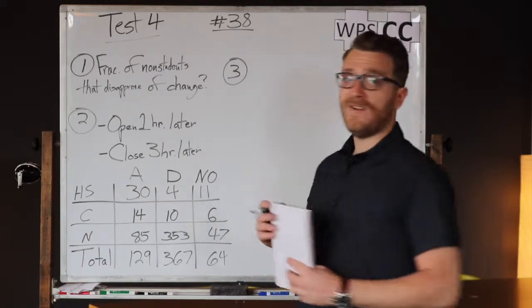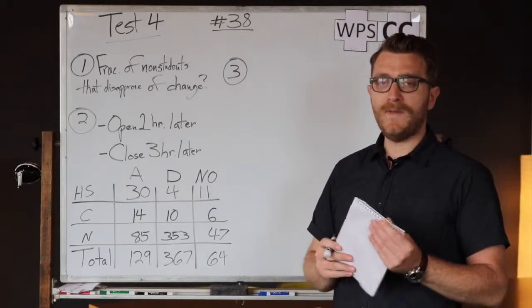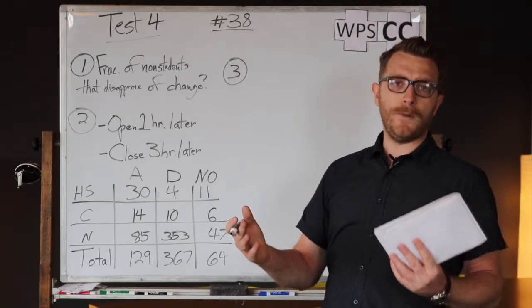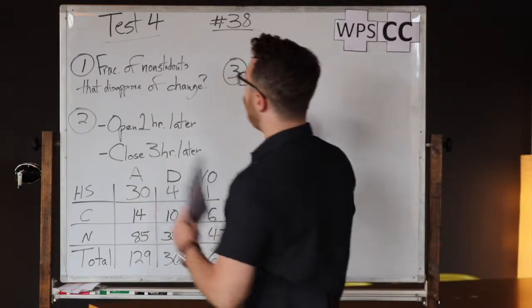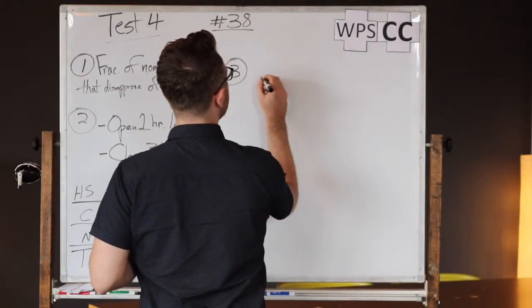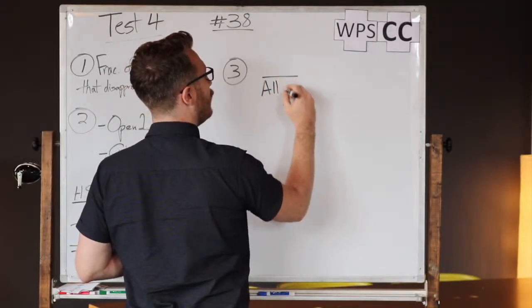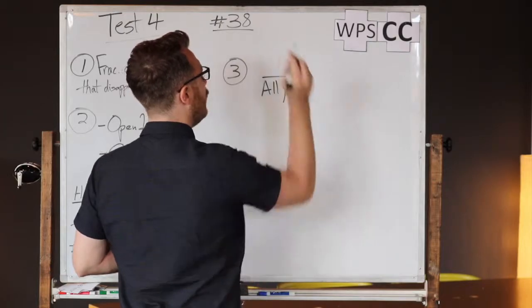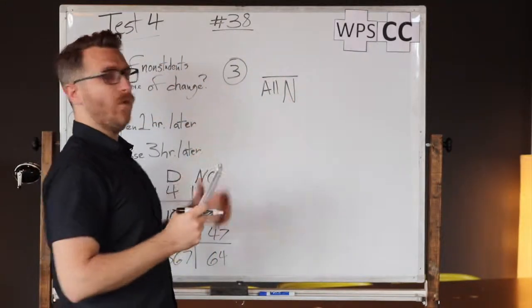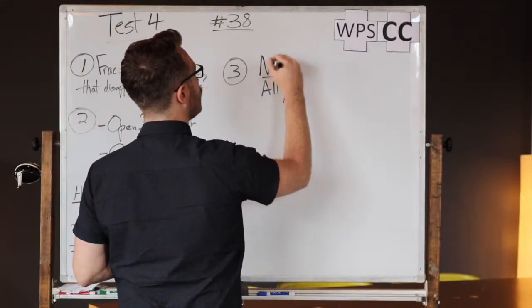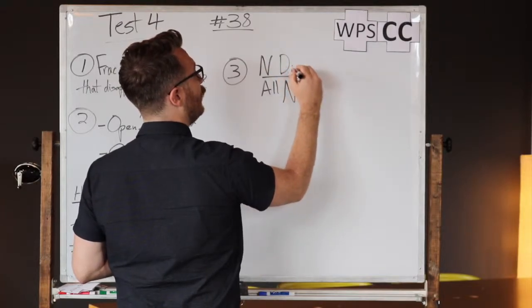So, if we are finding a fraction of them, we have to decide what our numerator and denominator will be. If we're finding among non-students, the denominator will be all of the non-students. And the fraction that we're looking for is the non-students who disapprove.